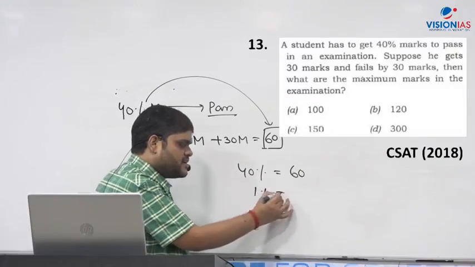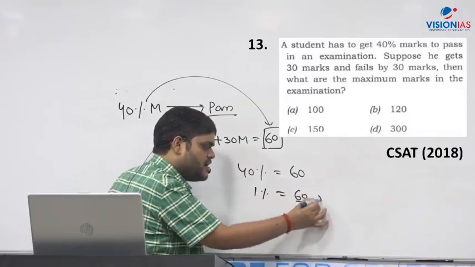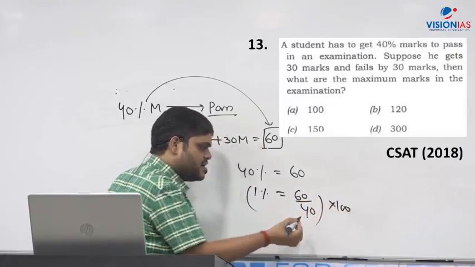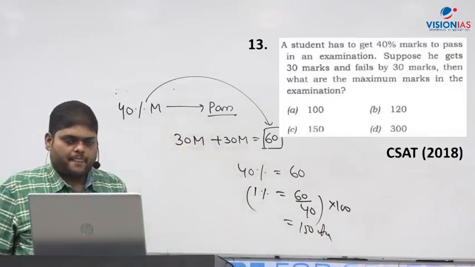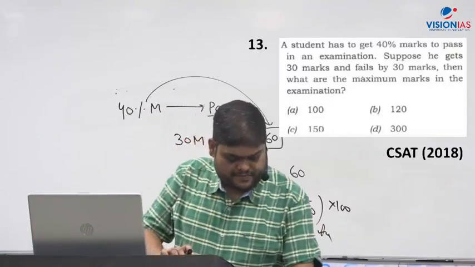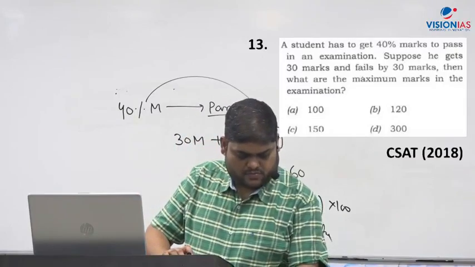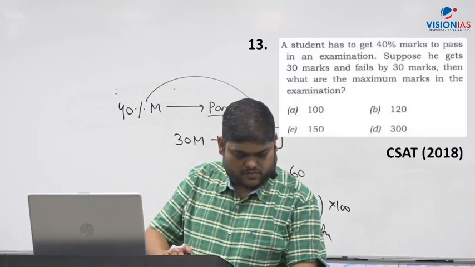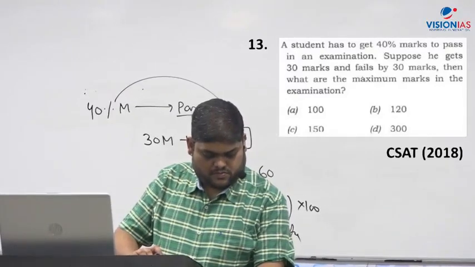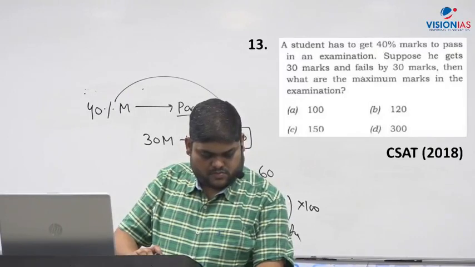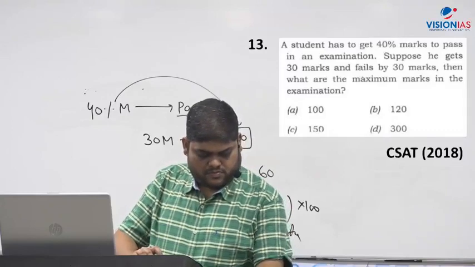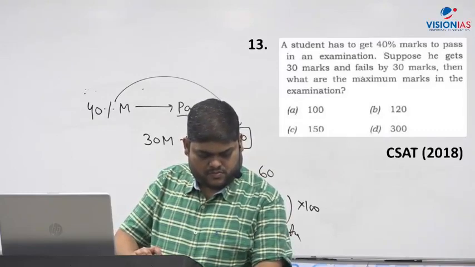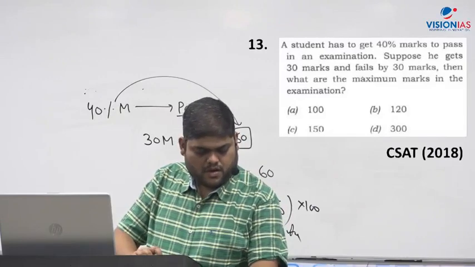Find out 1%, 60 upon 40, multiply by 100, you will get your answer, that will be 150. A simple one.